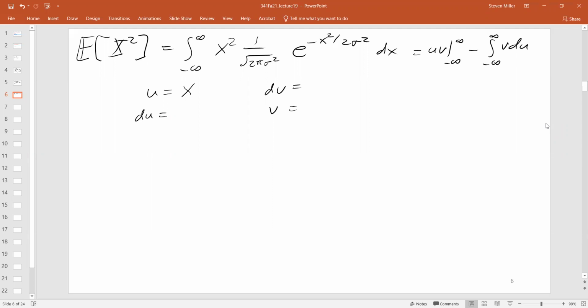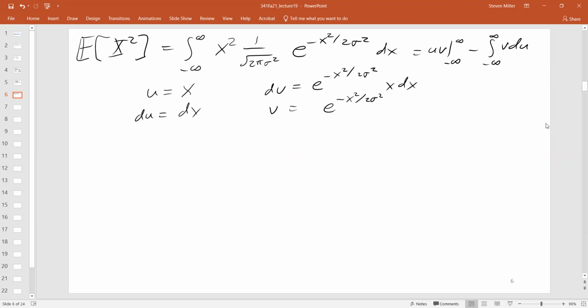Let u equal x. dv is going to be, I'm not going to bother writing the 1 over square root of 2 pi sigma squared, I'm just going to factor that out, e to the negative x squared over 2 sigma squared x dx. du is dx. And then v is e to the negative x squared over 2 sigma squared.